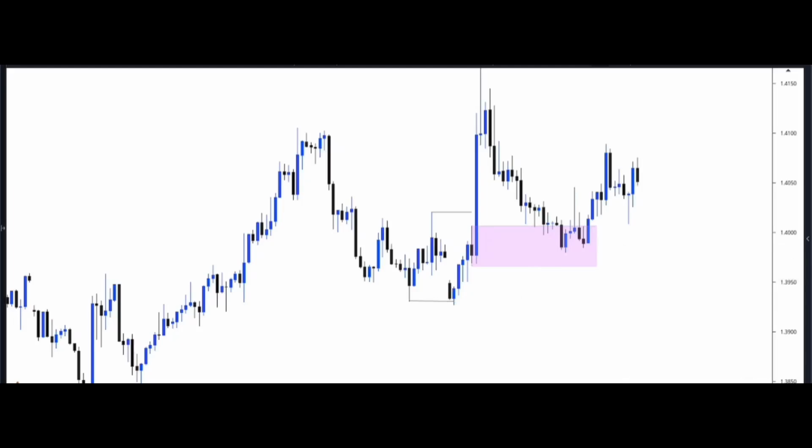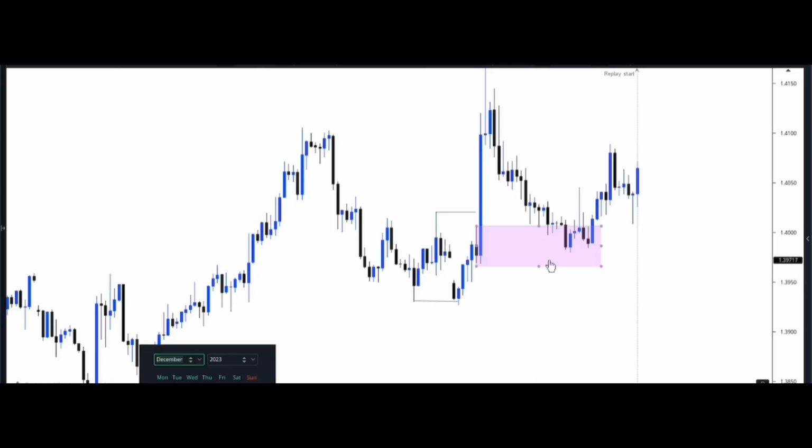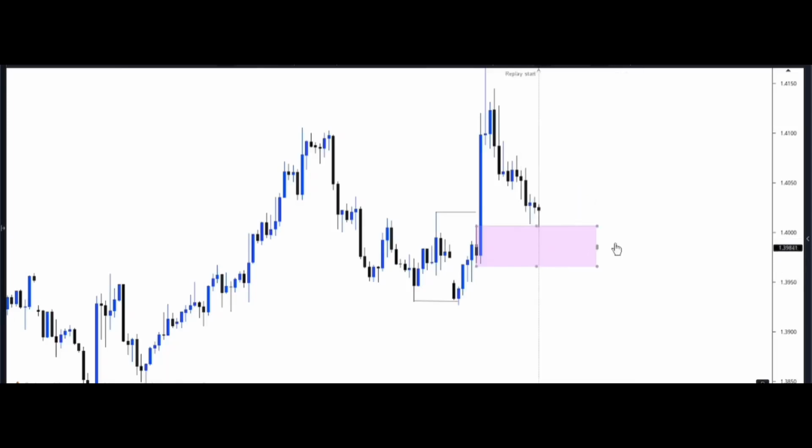Now, let me take out price from here so we can understand what exactly we are doing. So the first time price touched on this is here. Let me take it from here. So that's the first time price tapped into this zone. Like I said, you can go down to the lower time frame to refine the zone, and that's what we want to do now.